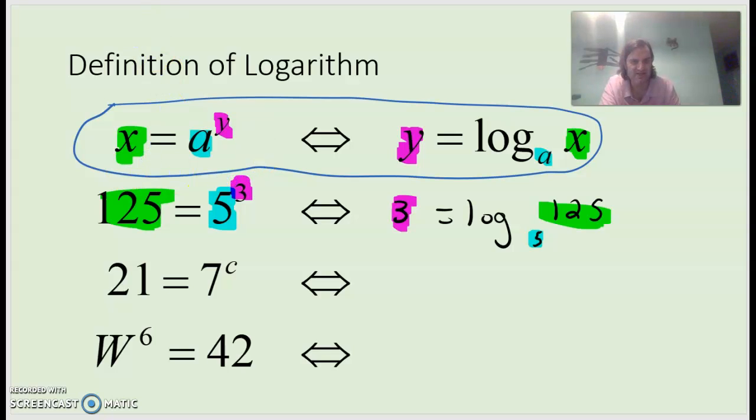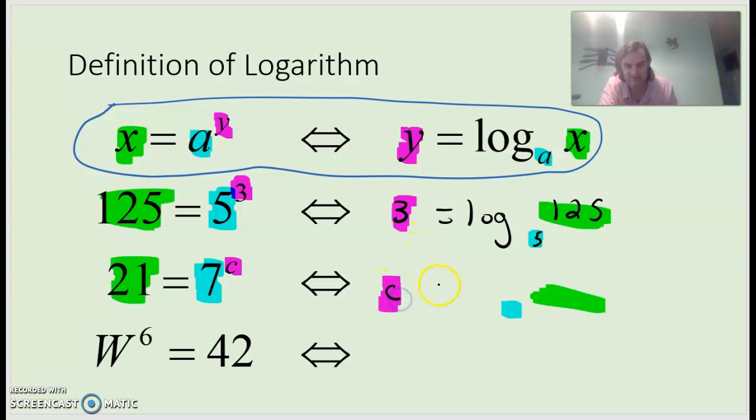But the next one we have is 21 equal to 7, which is the base, to the c, which is the exponent, but will end up by itself on the other side. So c equals log base 7 of 21. And I'm not trying to figure out what c is right now. And I'm not picking up a calculator. The next one is not in the same order.